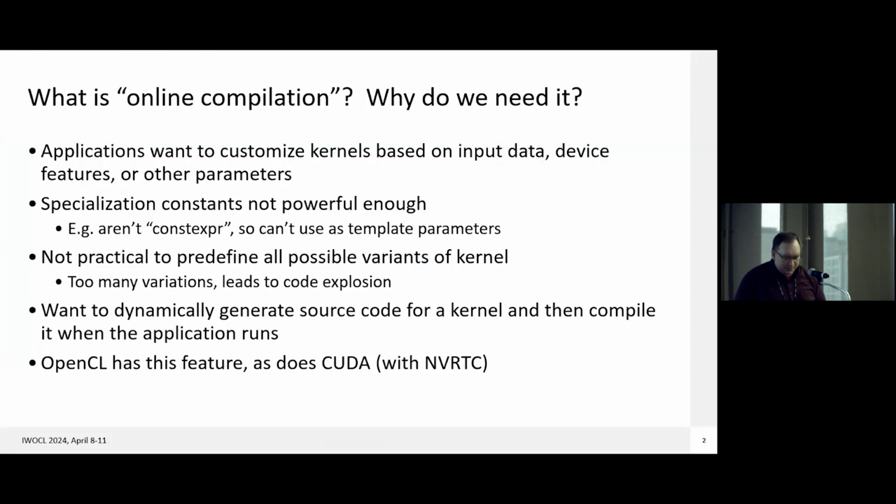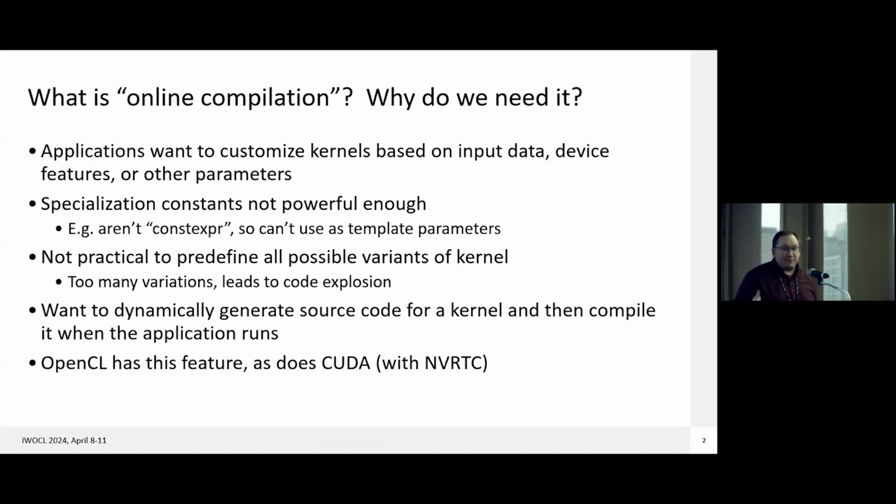So let's start with, what is online compilation and why do we need it? There are many applications that want to customize what they're doing based on the data, the features of the devices they happen to be running on, or who knows what other reasons. And there are already some things in SYCL that let you do this to some extent, and that includes features like specialization constants.